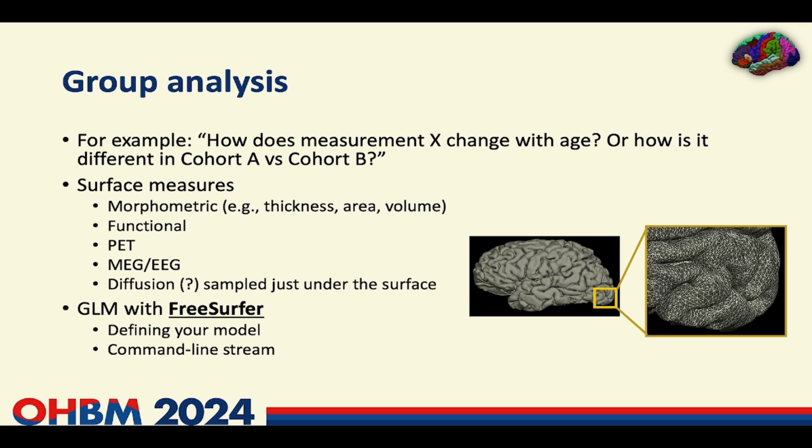The question that we are trying to answer when you are doing group analysis is how a particular measurement X, for example, changes with age, or how it is different in cohort A or cohort B. You have to identify the surface measurements that you are interested in comparing. These can be some of the morphometric measurements that we already discussed, or you can have functional PET, MEG, EEG, or some diffusion measurements that you sample under the surface and then project to your surfaces.